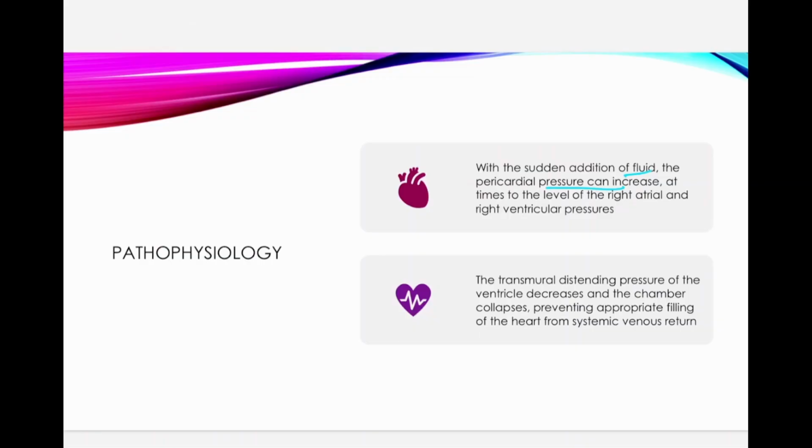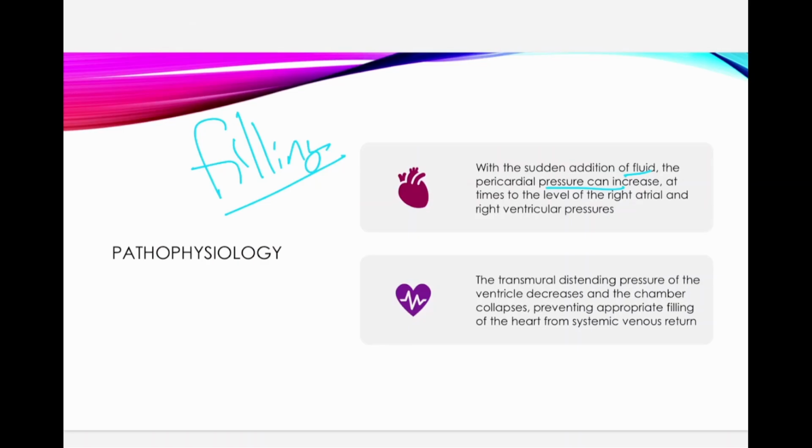All that fluid is compressing the heart. The right ventricle can't overcome it, and it gets compressed. Reduced filling, that's the big issue. Filling is the problem. It's not a pump problem, it's not a problem leaving. The problem is filling, it can't fill.